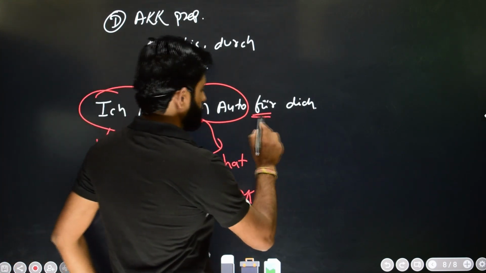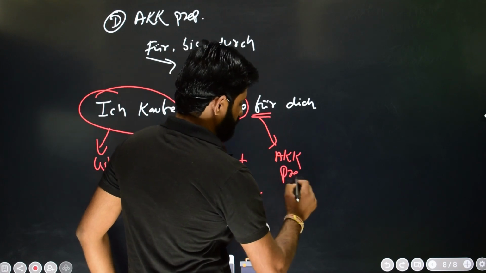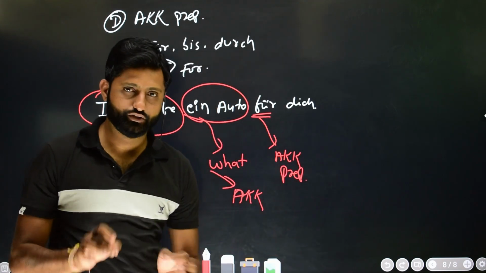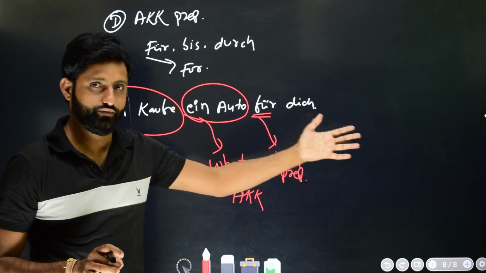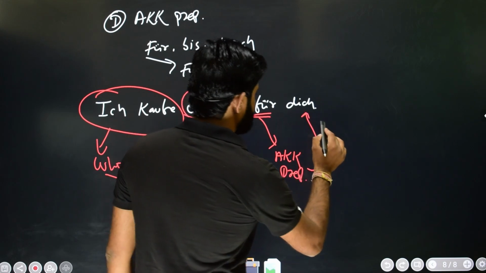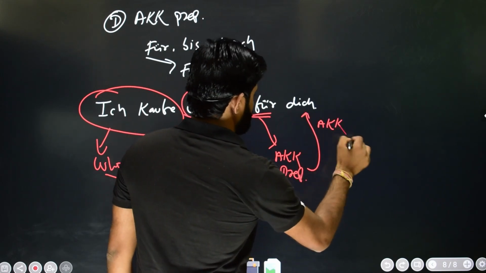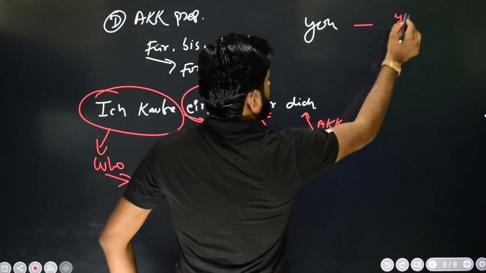Then what is this für? Für is an accusative preposition. So if we have the accusative preposition, the next noun or pronoun, whatever we have, will go in accusative. That is the reason this is accusative. In English we have "you" and "you".